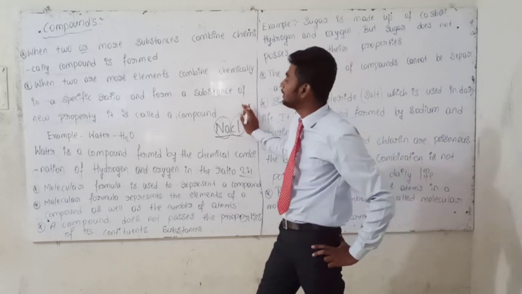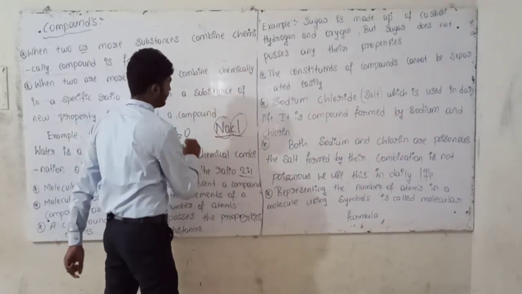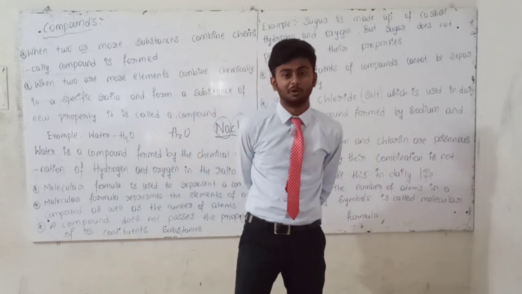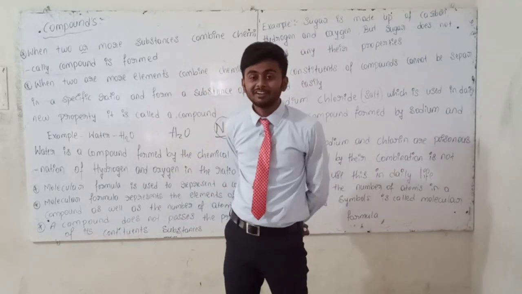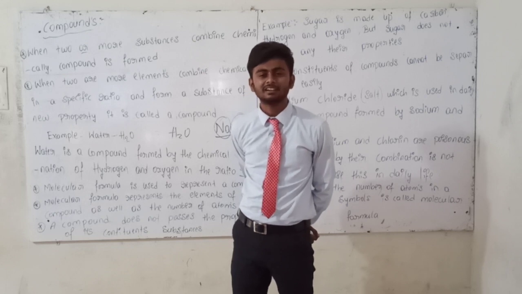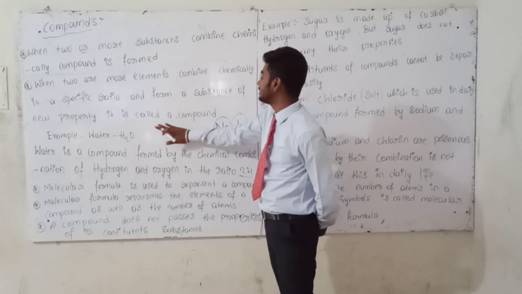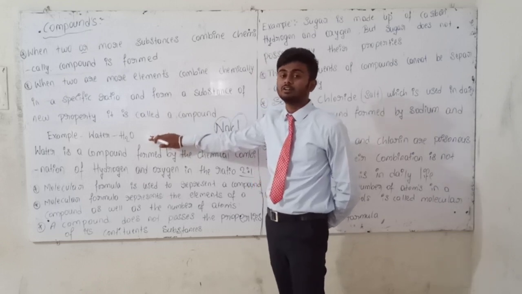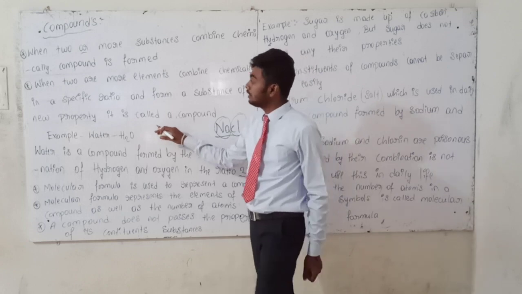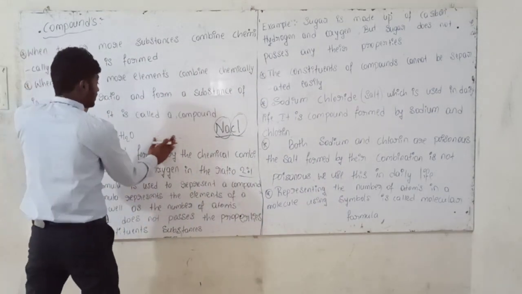Otherwise, if you ask your mummy, give 1 liter H2O, or give 2:1 oxygen and hydrogen, it is not good. Why? Because when hydrogen and oxygen are chemically combined, you get water. That is a compound.